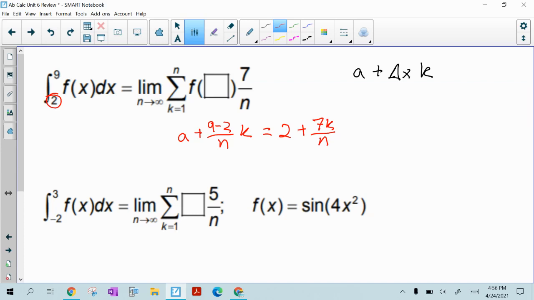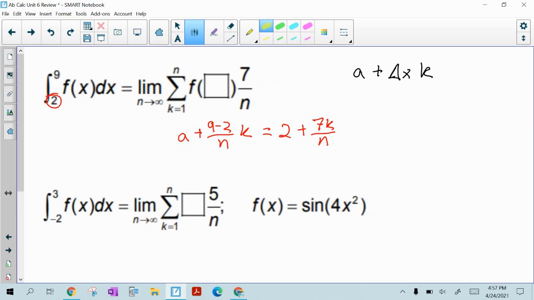This one takes a little bit more thought because we actually have to substitute it into a function here. So please be careful as you're doing that. Same sort of setup. How am I supposed to come up with a way to write it?